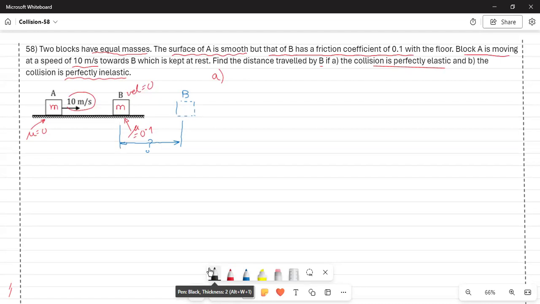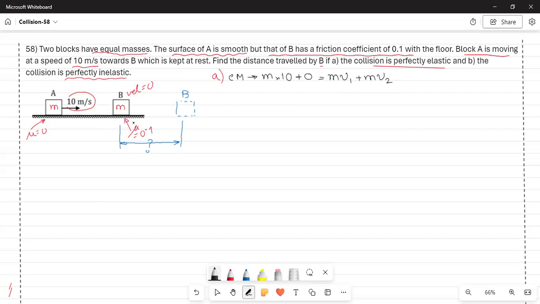then from the theory of conservation of momentum, I write in a simple way: momentum of the first body, m into its velocity 10, plus momentum of the second body, which is 0 because it's at rest, is equal to the velocity v1 into its mass m plus mass m into velocity v2.